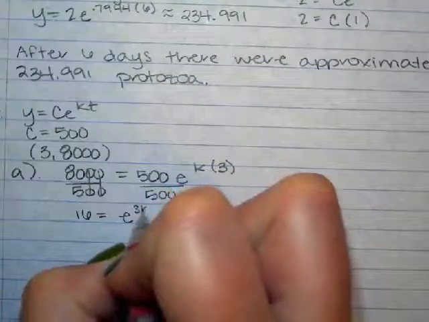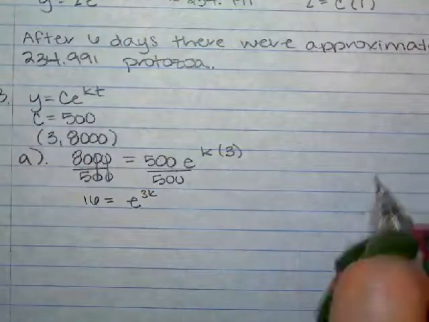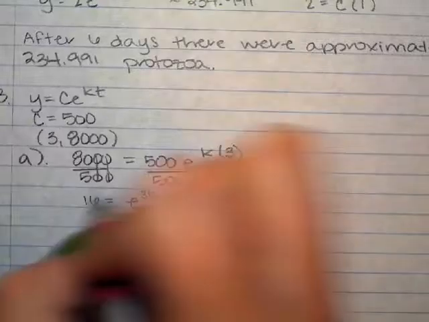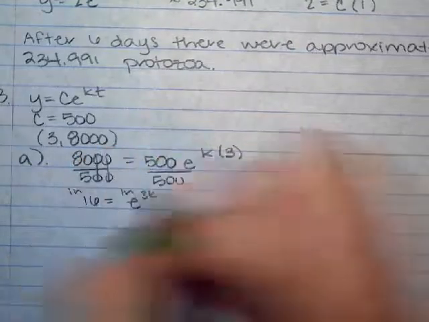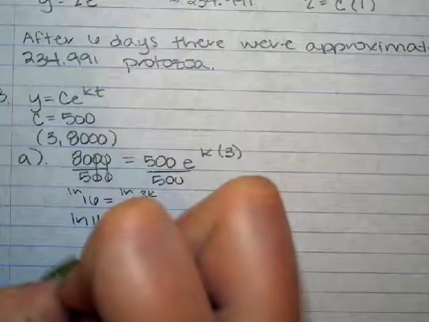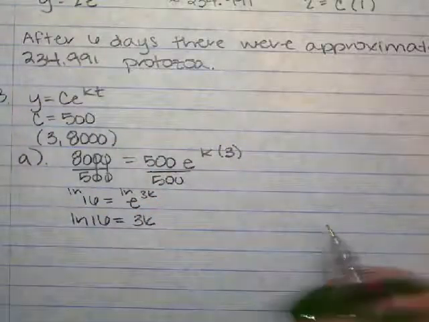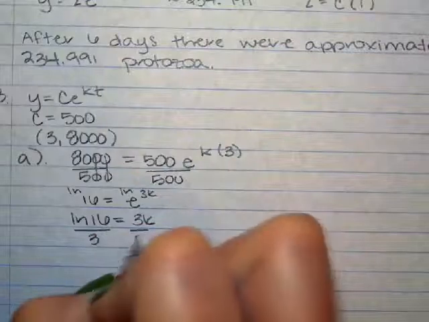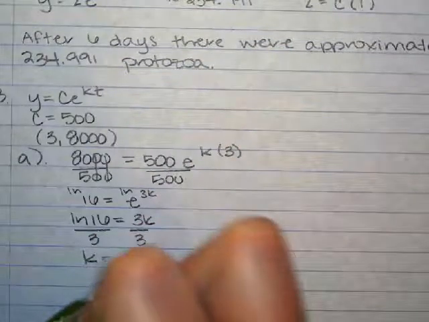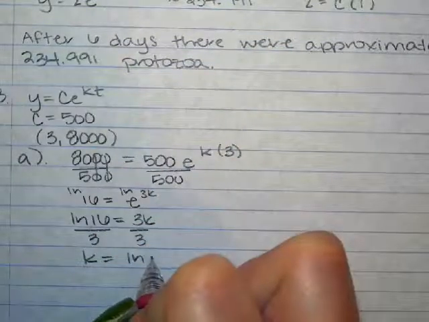Okay, and then what should we do? ln. So ln of 16 equals 3k. And then what should we do? Divide by 3. Okay, so k equals ln of 16 over 3.